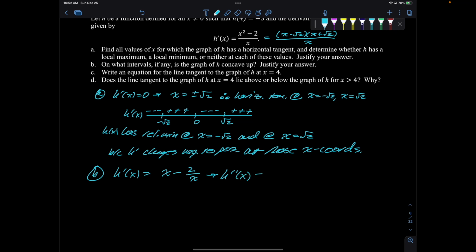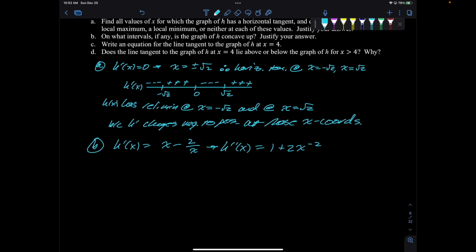I can just power rule this. 1, and then that's negative 2x to the negative first, is 2x to the negative second. So h double prime of x is 1 plus 2 over x squared, so we'll say it's x squared plus 2 over x squared.